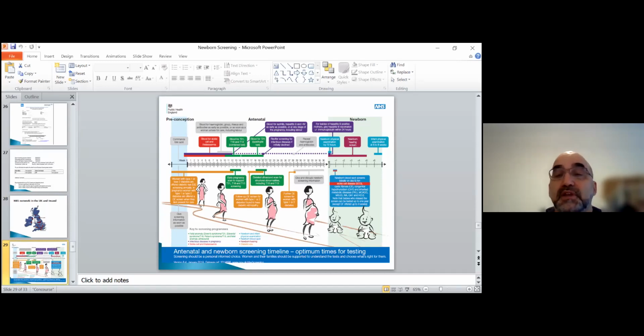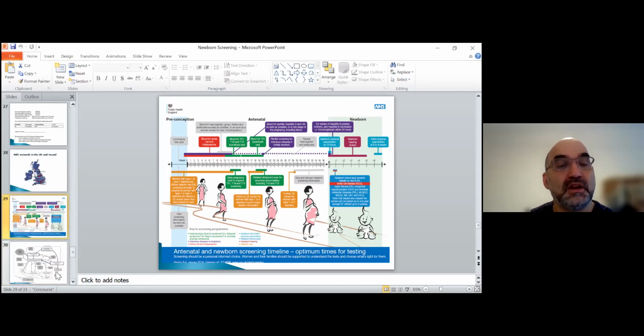And for adults as well, some other diseases are screened, for example breast cancer and bowel cancer after a certain age. So the whole life of a person is exposed to screening tests, and it is a process that deals with the whole life.